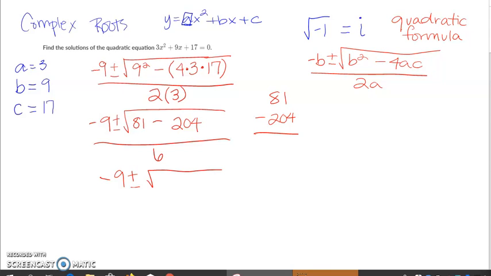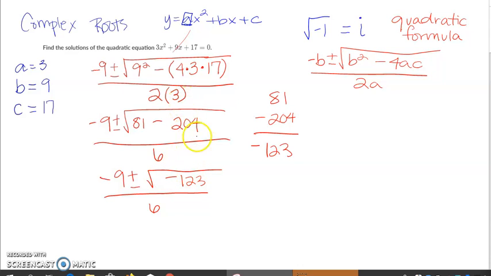You're going to end up getting, oh, where we go? Sorry, negative 123. Okay. And then we're going to put that all over 6 again. Okay.